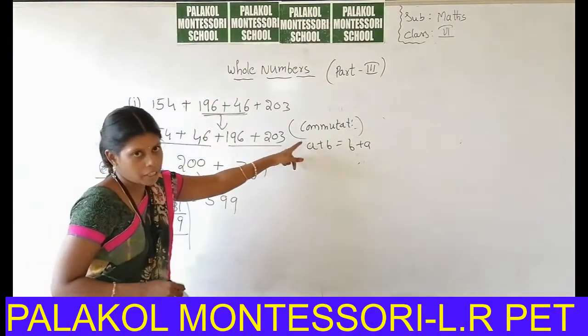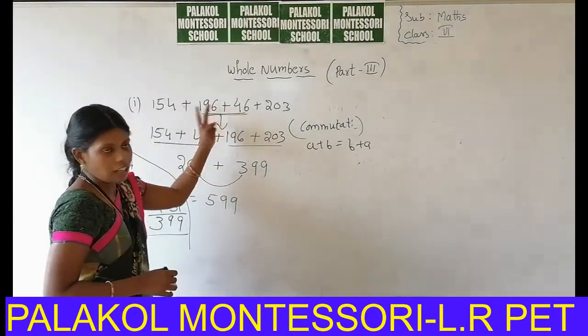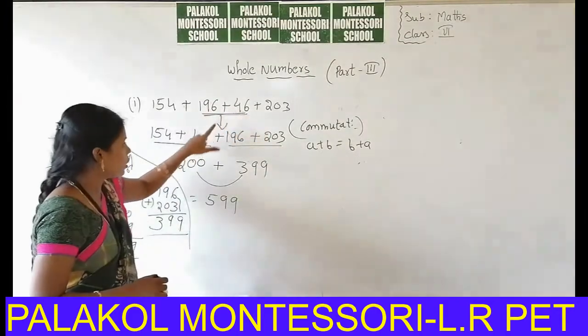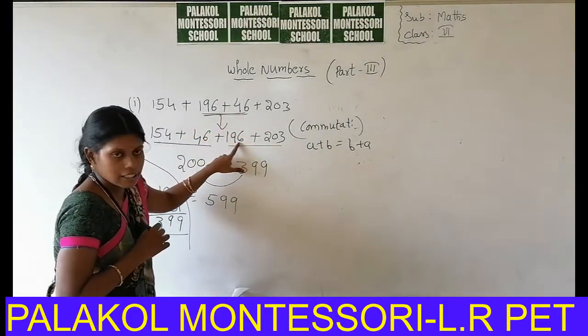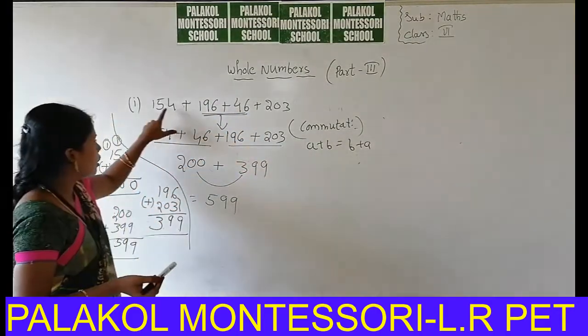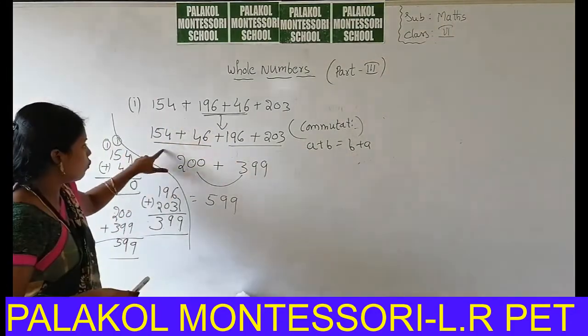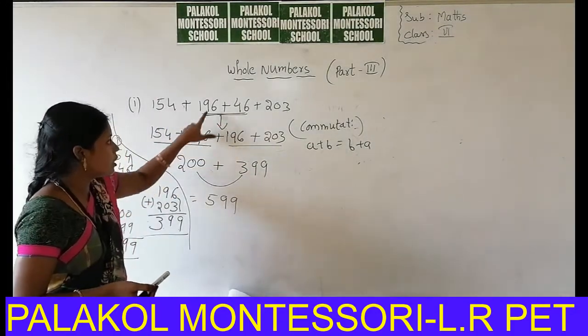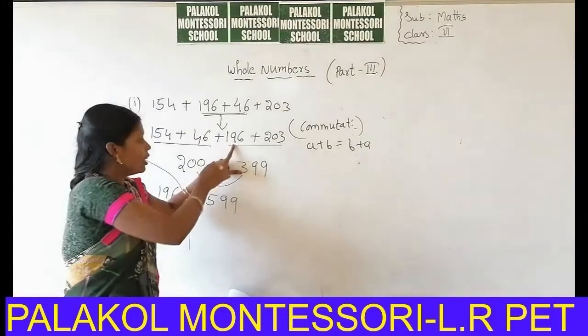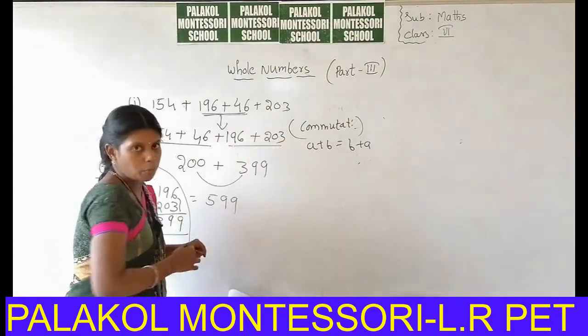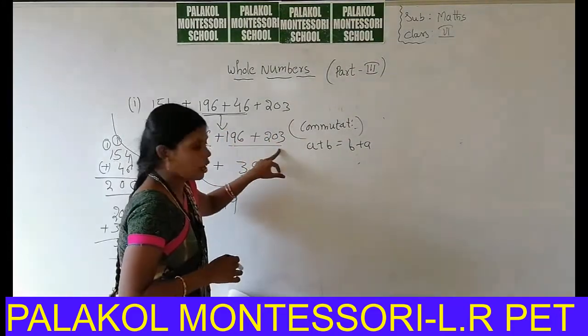That means 46 comes first and 196 goes to second place. Remaining numbers are the same: 154 plus 46, 196, because in these two numbers we use the commutative property, plus 203.